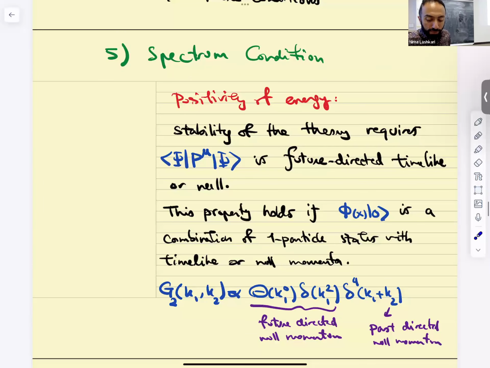Spectrum condition, or positivity of energy. This is the statement that the theory should be stable, meaning that take any vector in the Hilbert space, any state, the expectation value of P^mu better be a future directed time-like vector or null.